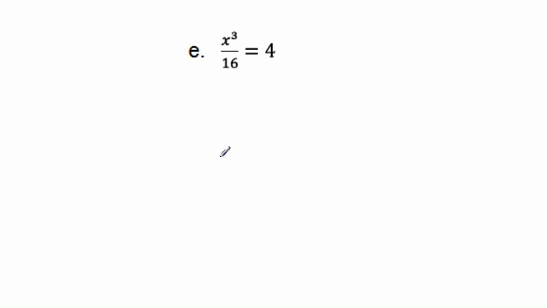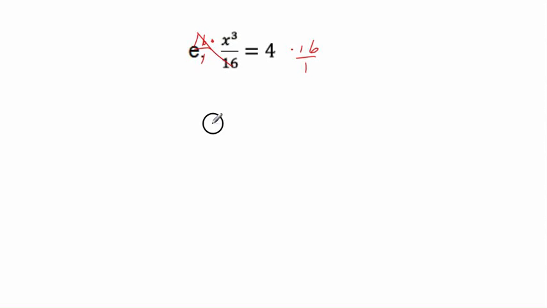And E, x cubed divided by 16 equals 4. So I'm dividing by 16, so we know the opposite is multiplying by 16 on both sides. The reason I'm using a denominator is you're going to have fractions later on, so you've got to get used to knowing where the top is and where the bottom is. 16 on top, 16 on the bottom, cancels.